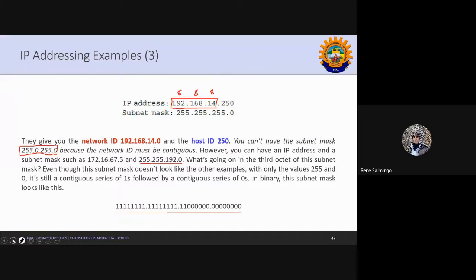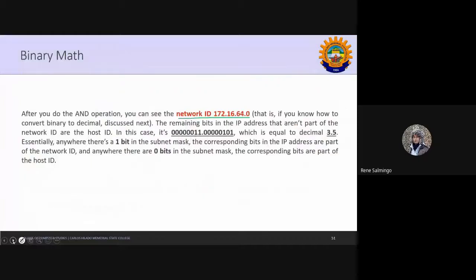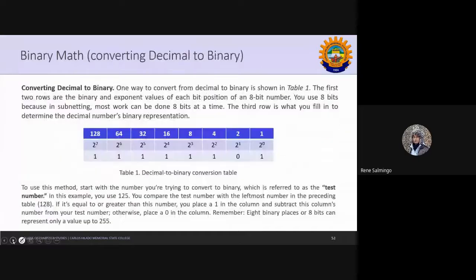Now for your class C, how much is the CIDR? You have 8 plus 8 plus 8, so 24. Your CIDR for this is 24. So now we know the CIDR notation, and later we have the summary of the lecture.